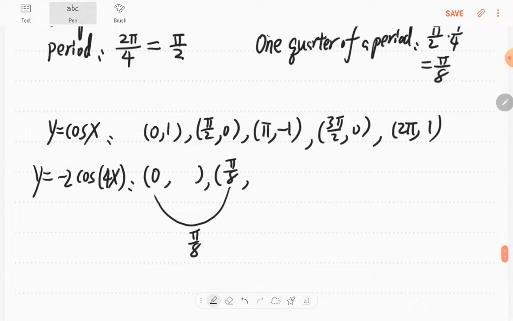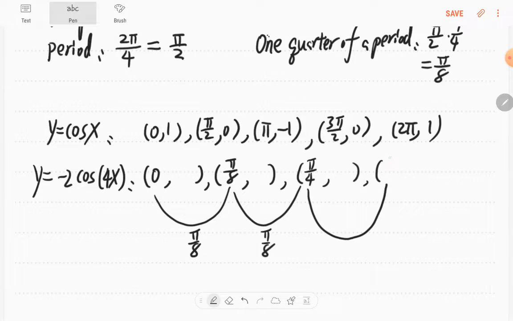At pi over 8. Then we increase by pi over 8 again, so it's pi over 4. Then pi over 4 plus pi over 8 is 3 pi over 8, and increasing by pi over 8 again, so it becomes pi over 2.